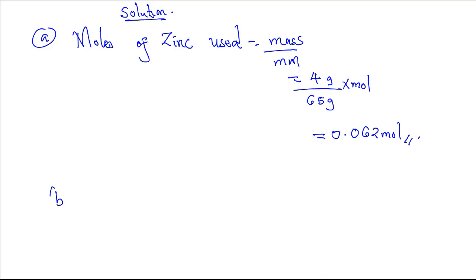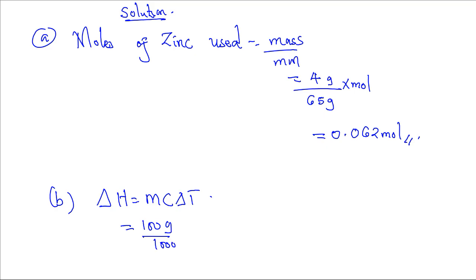Let's calculate the molar heat of displacement of copper 2 ions. We'll start by obtaining delta H, that is equal to MC delta T. M is the mass, that is simply 100 grams, divided by 1000 to convert that to kilogram, multiplied by 4.2 kilojoule per kilogram per Kelvin.